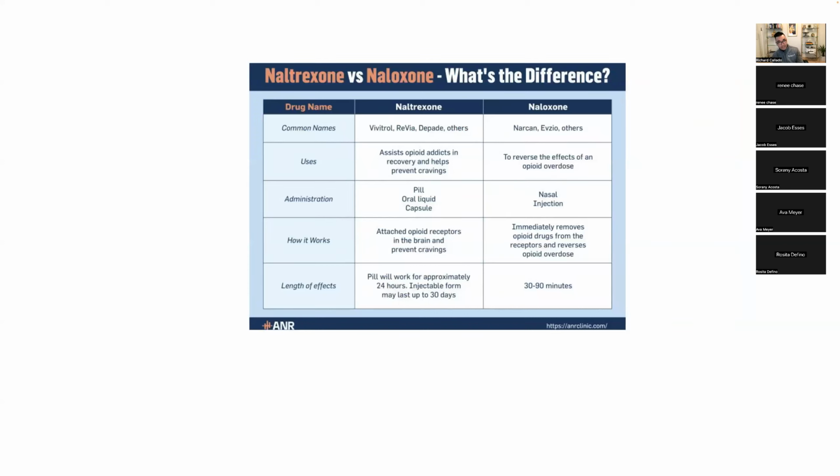Has anyone ever seen naltrexone used for anything else besides opioids? Alcohol. Okay, very good. Alcohol use. Because remember, like I said, alcohol binds to mu opioid receptors. So if you have an opioid antagonist, the alcohol is not going to cause the euphoric effect, right? What other things do we use naltrexone for? Take a guess. What causes pleasure that you want to stop?